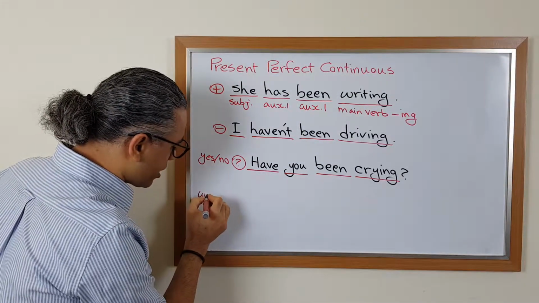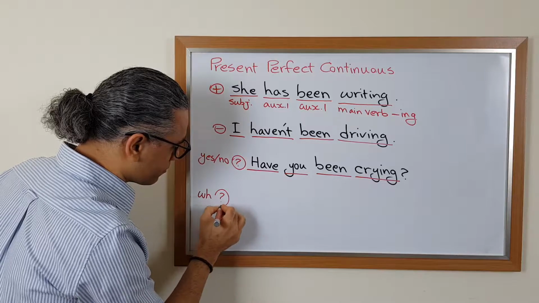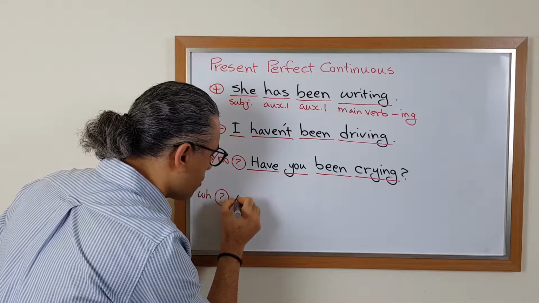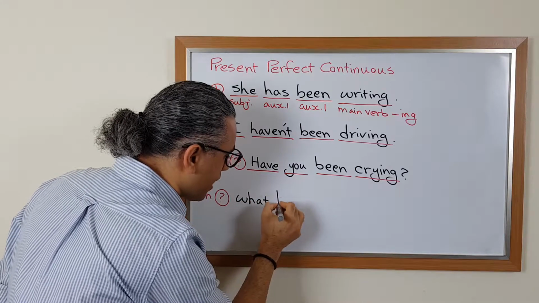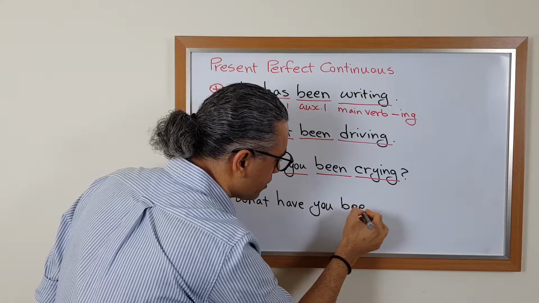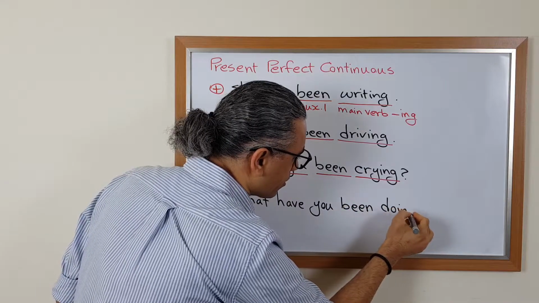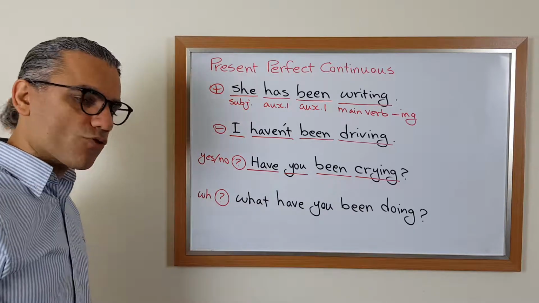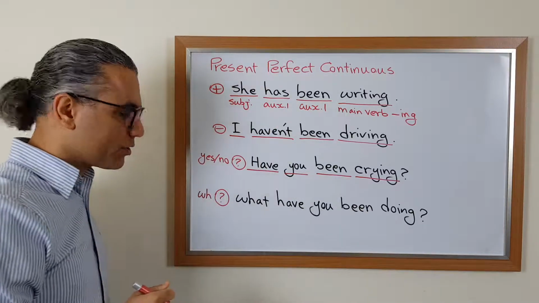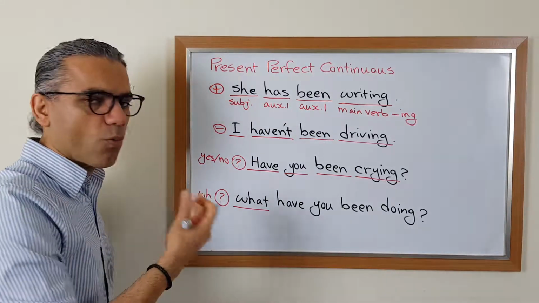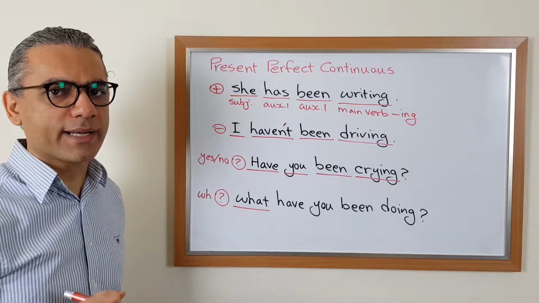Now, a WH question. What have you been doing? In a WH question, in present perfect continuous, we start the sentence with a WH question word. What, where, why, when, and so on.